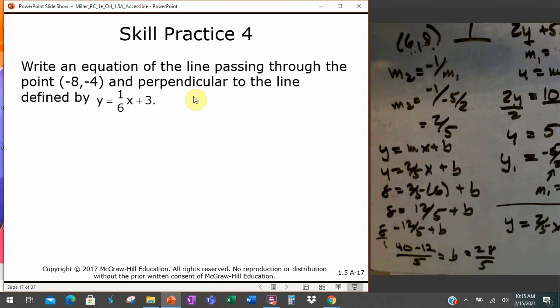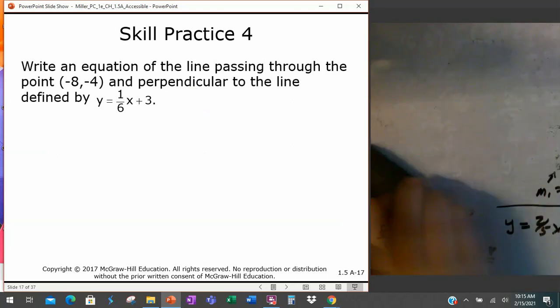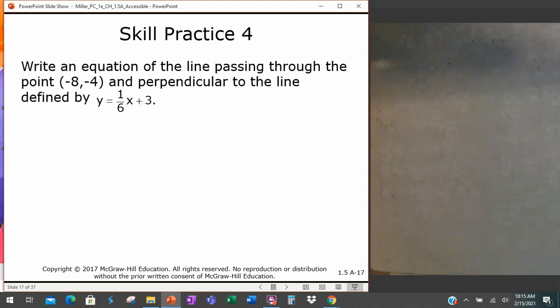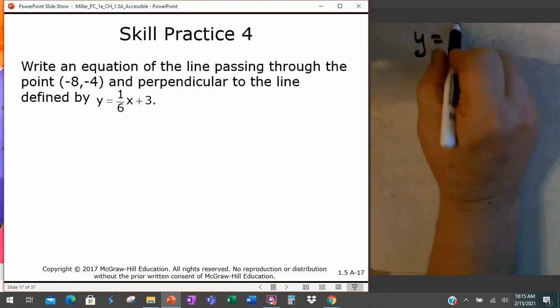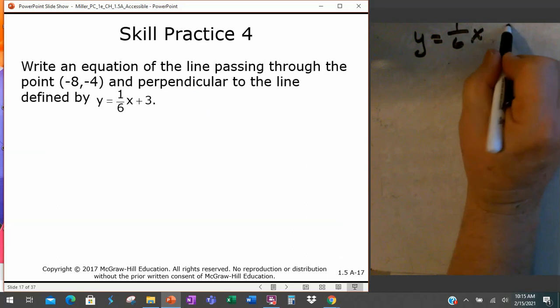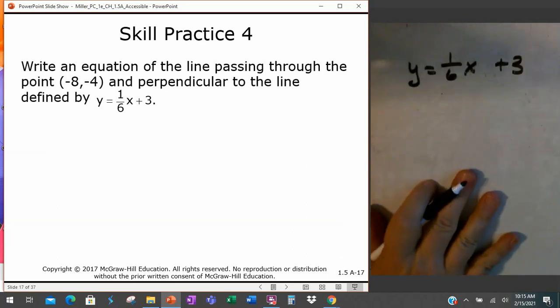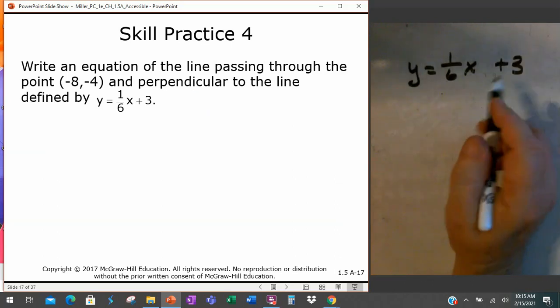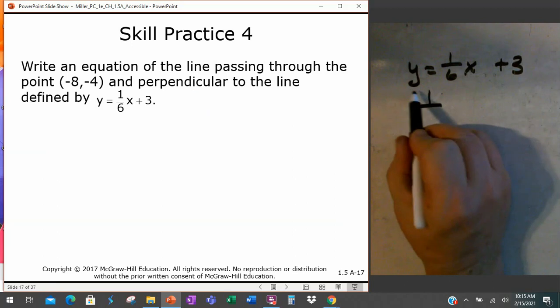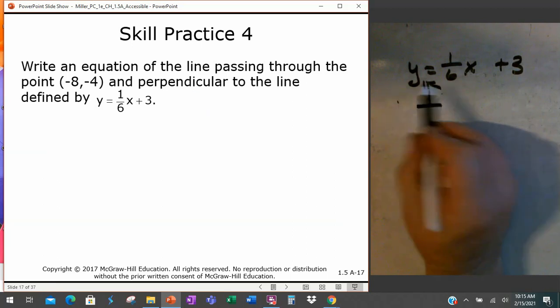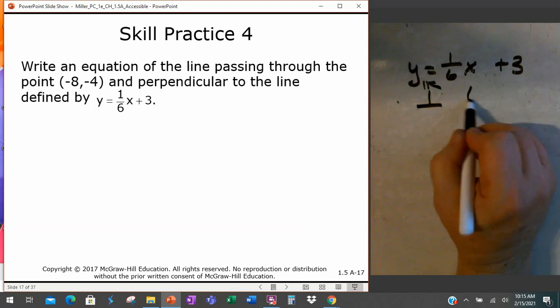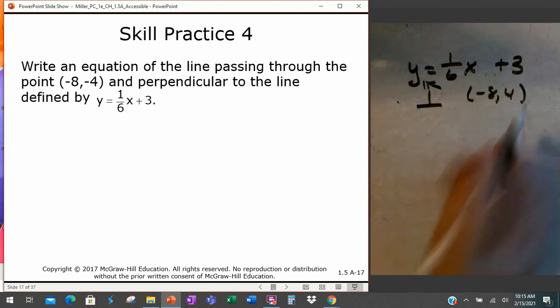So let's do one more of these, and then we'll move over into some applications. One is y = 1/6 x + 3. So I need a line that's perpendicular to that one, perpendicular to y1, and goes through (-8, 4).